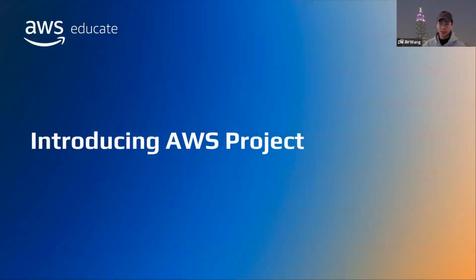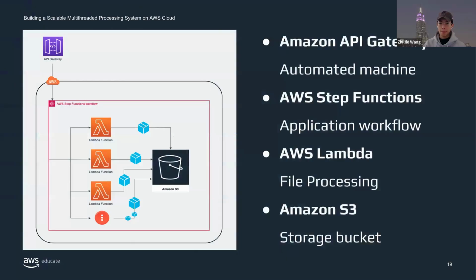Okay, next I'm going to share about the AWS project. This is the software framework and workflow of my project. Looking at this image, we can see that the API Gateway is my software's front door.